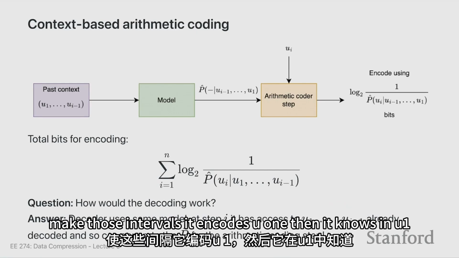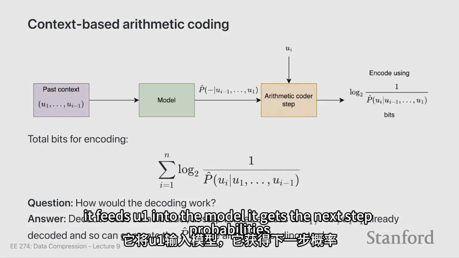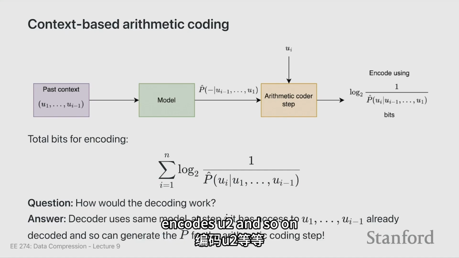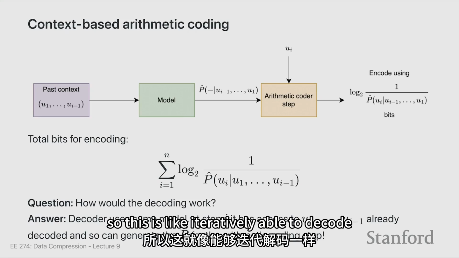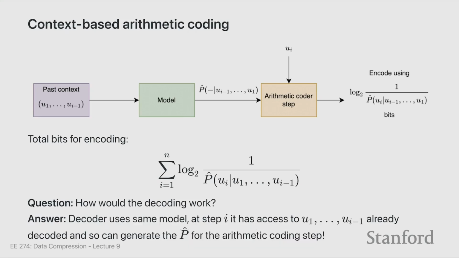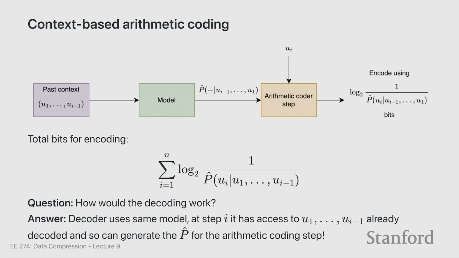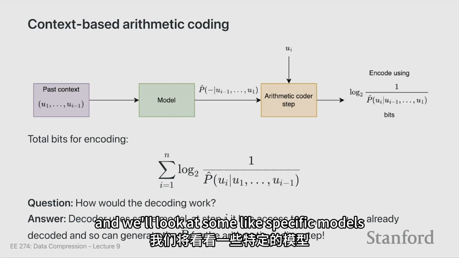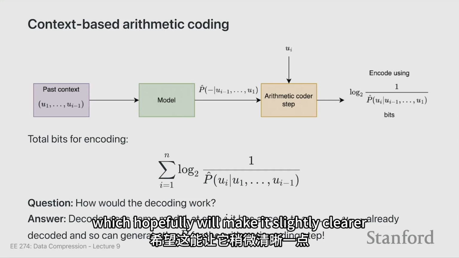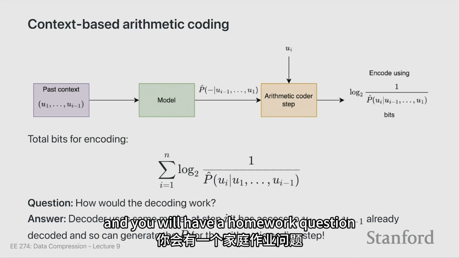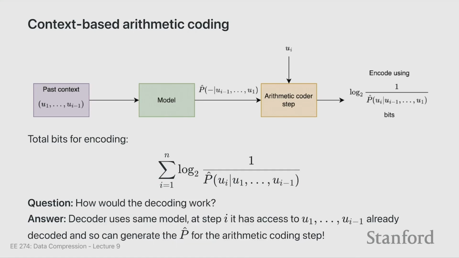It decodes U1. Then it knows U1. It feeds U1 into the model, gets the next step probabilities, decodes U2, and so on. So it is able to decode iteratively. Is that somewhat clear? We'll look at some specific models, which hopefully will make it slightly clearer. And you will have a homework question.